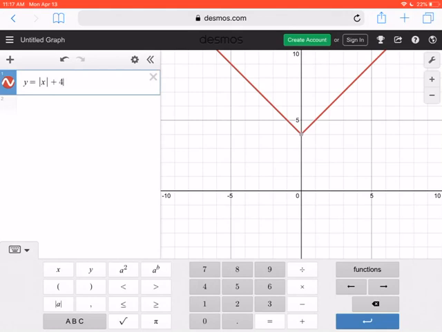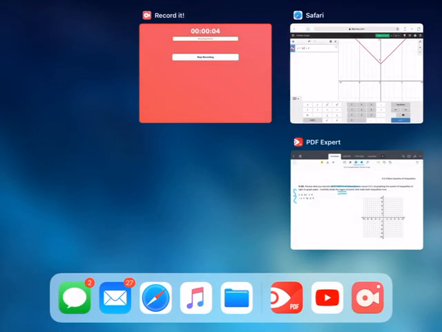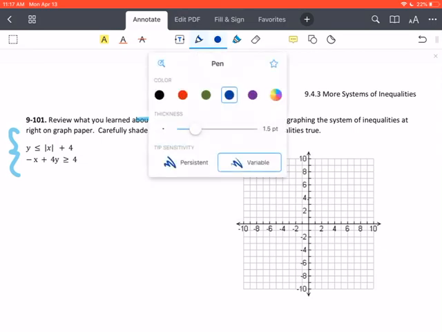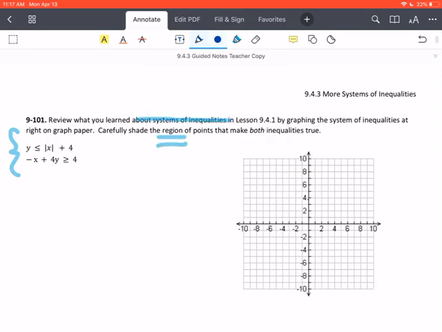The vertex is at 0, 4, and it goes up 1 over 1 in both directions. So I will use blue on this first one. We start at 4, and we're going to go up 1 over 1 in the first quadrant, and up 1 back 1 in the second quadrant.